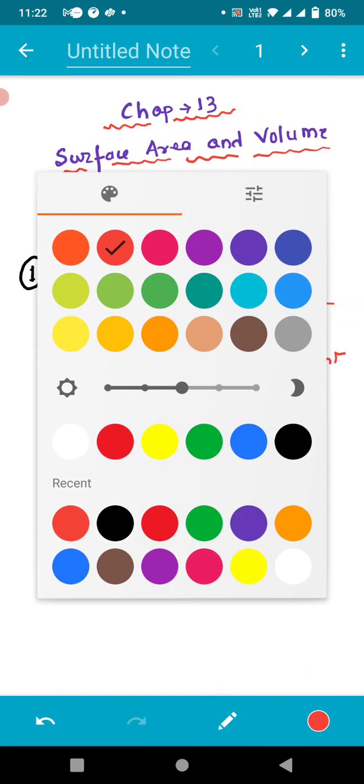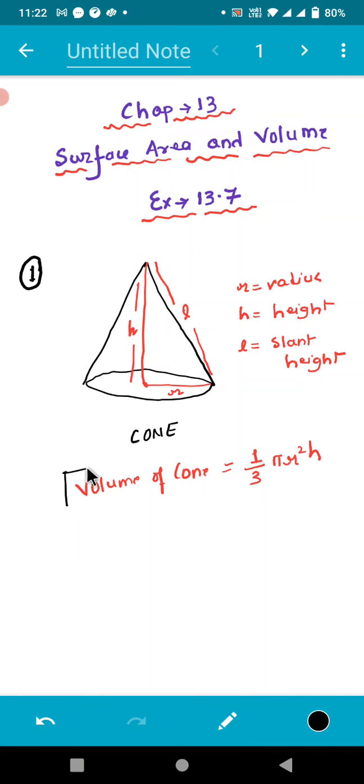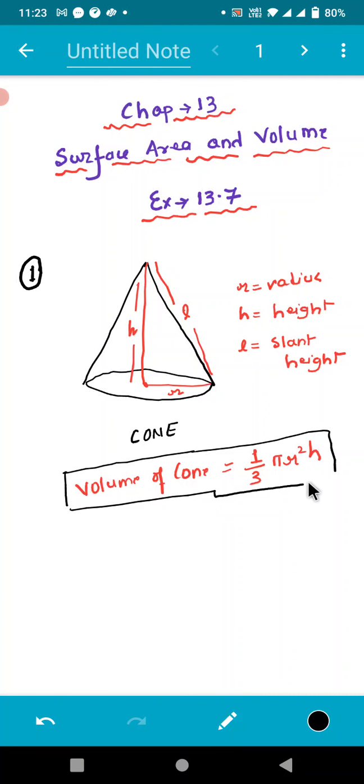This is the formula for the volume of a cone, and it is a very important formula for this exercise. How we can derive this formula is not in the syllabus, but later, once we are done with the syllabus, I will try to explain how this 1 by 3 pi r square h has come. For now just remember that the volume of the cone is equal to 1 by 3 pi r square h.